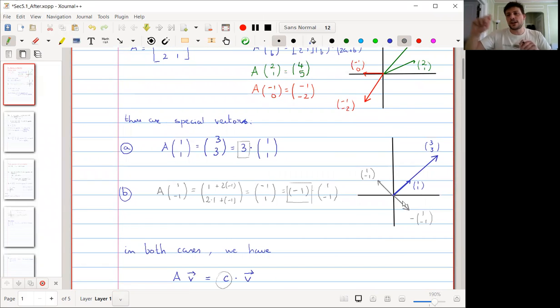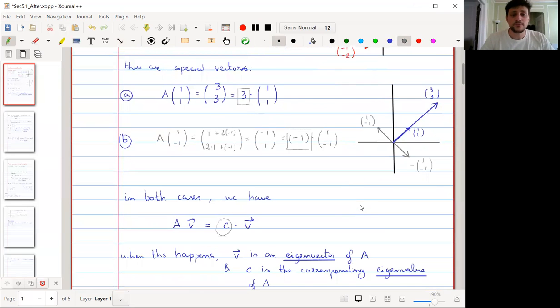They get stretched, or maybe reflected over and stretched in the negative. Whenever we have a vector that behaves like this, such that matrix multiplication is the same as rescaling it, we call that vector an eigenvector, and the corresponding scalar c is called an eigenvalue of A corresponding to v.